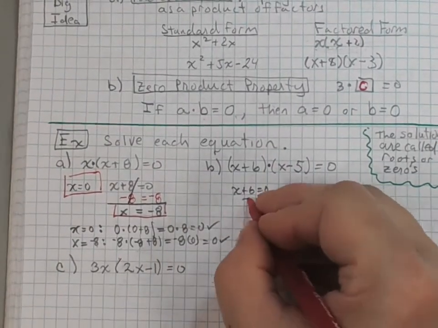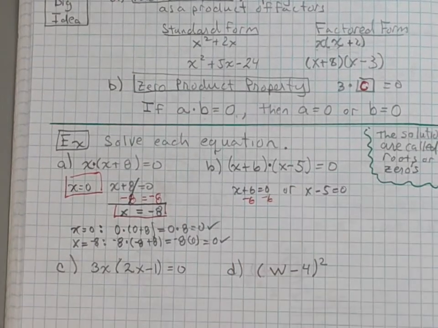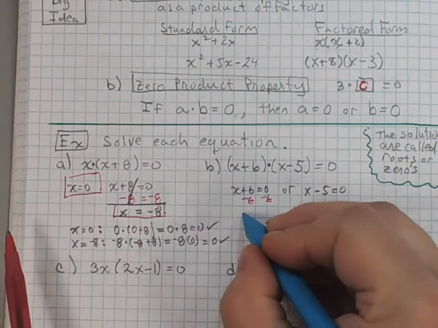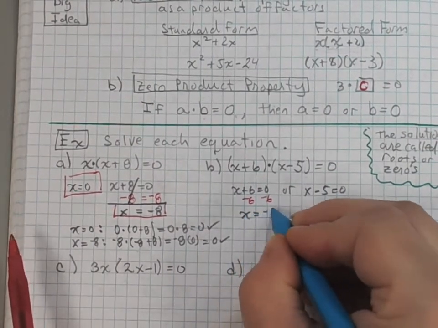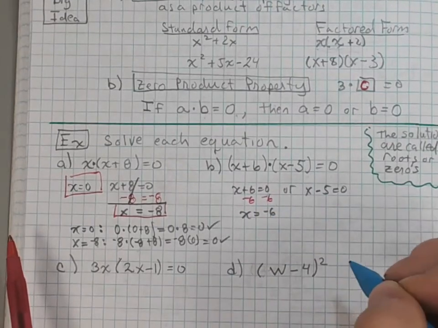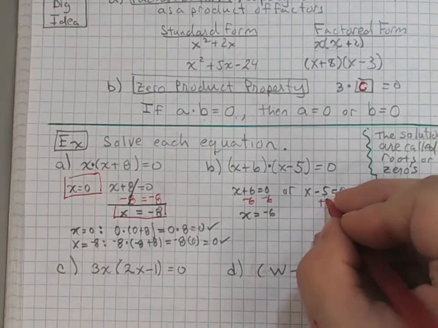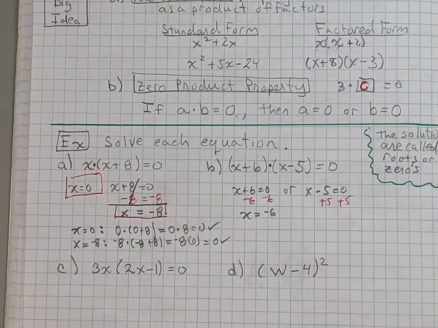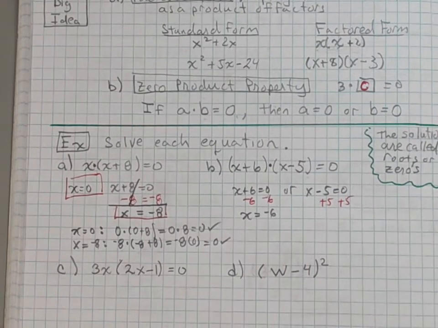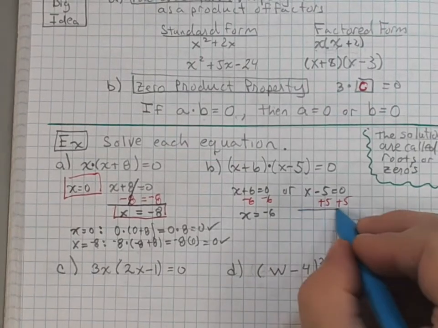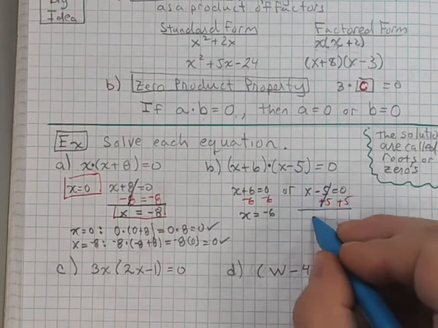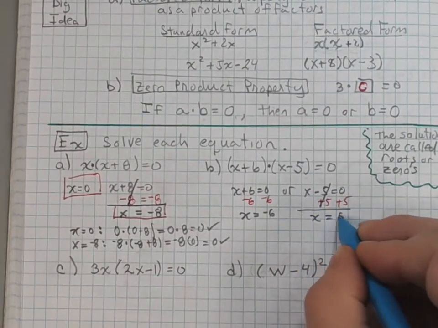All right, the first one, we would need to subtract 6 to solve it. And that would give me x equals negative 6. Second one, I would need to add 5 to solve it. You solve each of these separately, two different equations. All right, and the result of that is x is equal to 5.